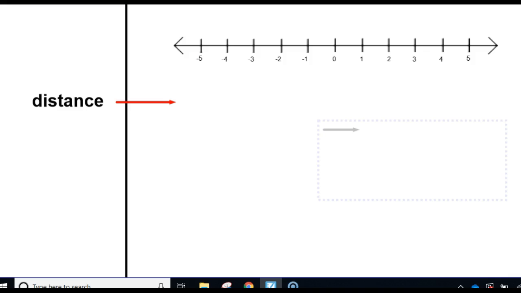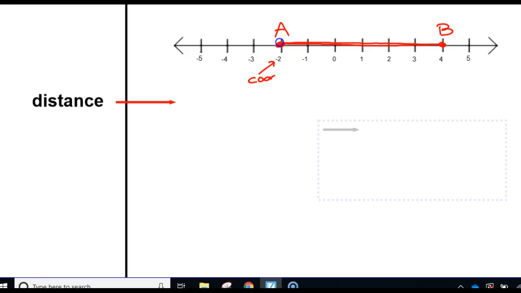Let's jump down to this number line and this distance. On this number line, if I wanted to put a segment on here, let's say I put a point right here at -2, and let's call that A. And then I draw another point at 4, and we call that B. The distance is the space between those two.